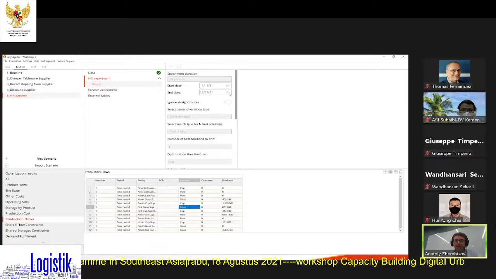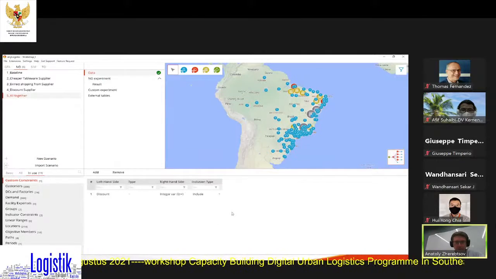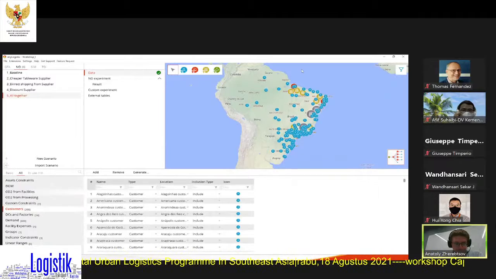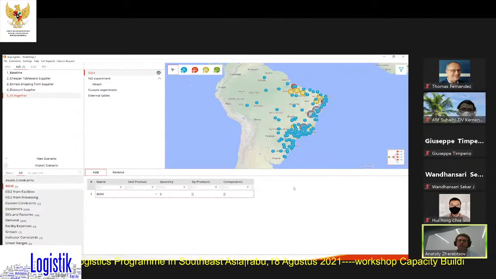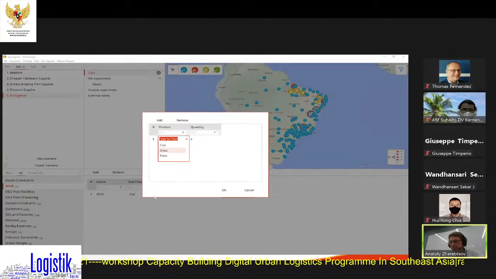And in case we have BOMs, bills of materials, defined in our scenario, which stand for raw materials, let me show you this. Yes, we can define a bill of materials for a certain product, and we can define the components needed to produce that product.